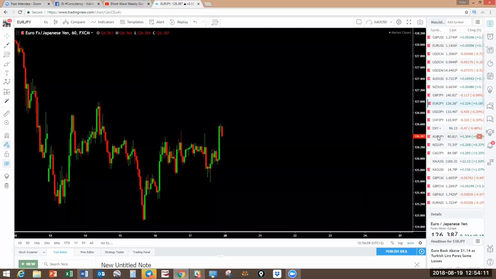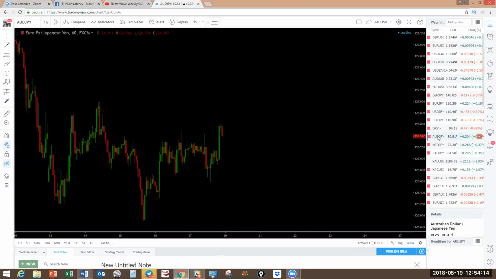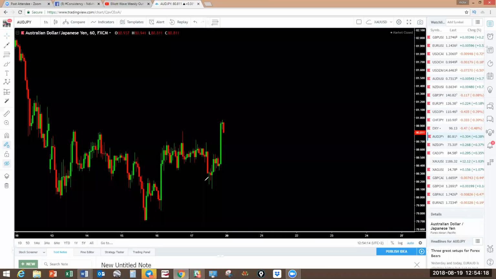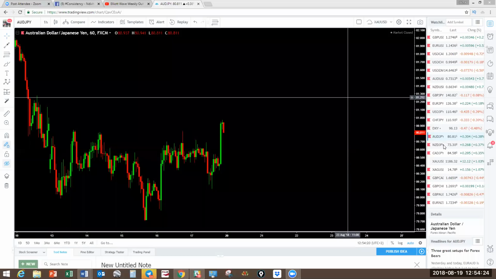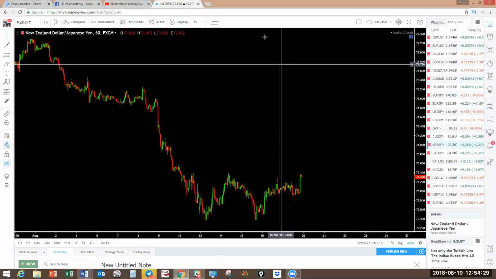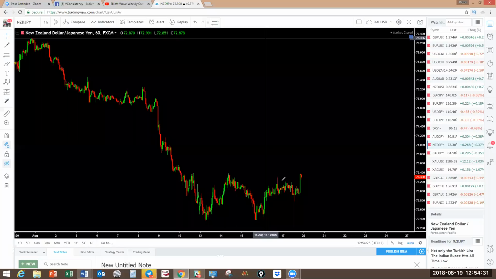Now if you look at AUDJPY, the same thing, 1, 2, 3 waves. Looks like we're going to get one more down here. New Zealand, same thing. Looks like it has completed those 3 waves here. So let's see how this plays out on all these yen pairs.